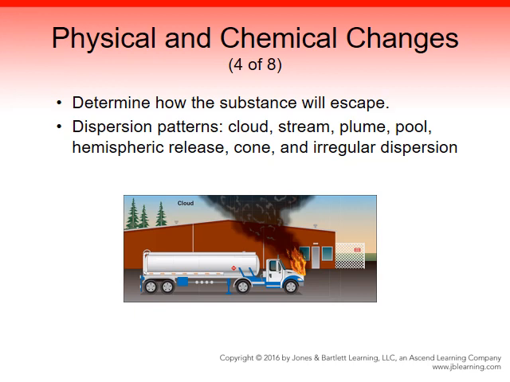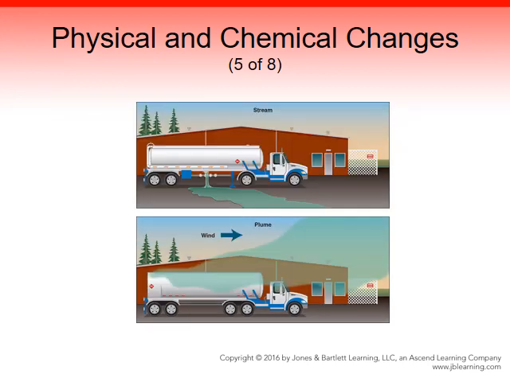The dispersion patterns could be cloud, stream, plume, pool, hemispheric release, cone, and irregular dispersions. Here's a good example of a liquid dispersing as a stream and a gas dispersing as a plume.